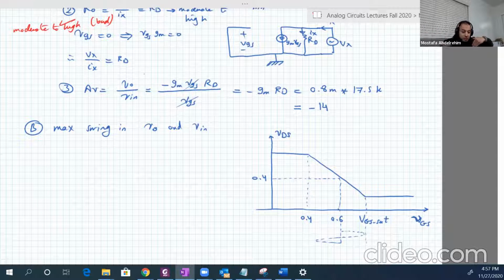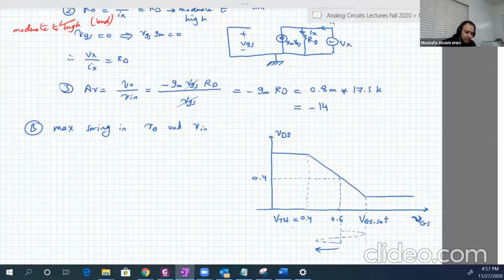But backward, that part is only 0.2. So we are restricted in decreasing V input by V threshold, and we are restricted in increasing V input by VGS SAT, the input at which we go into saturation.